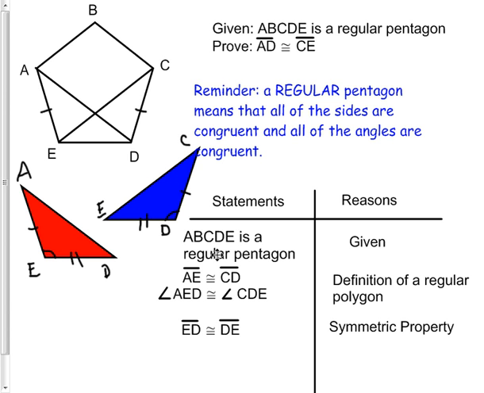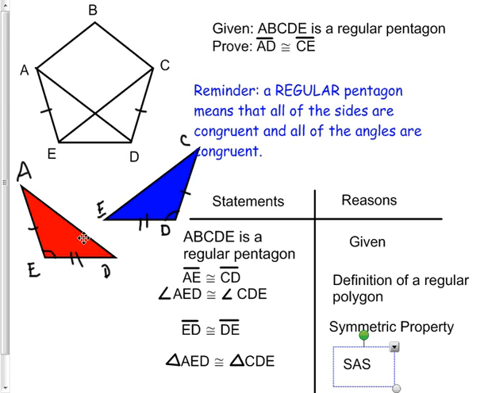So my statement is triangle AED is congruent to triangle CDE, and that we said was side, angle, side. So this was the triangle congruence property that we learned, side, angle, side.